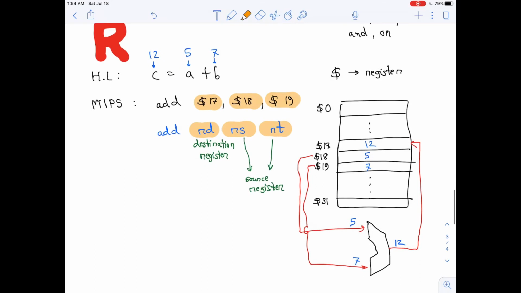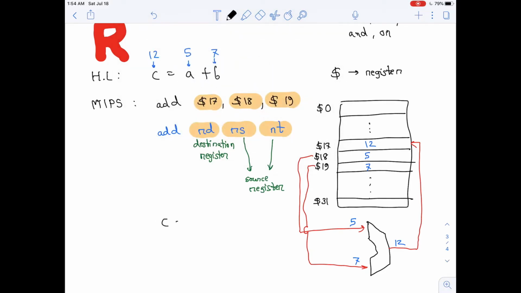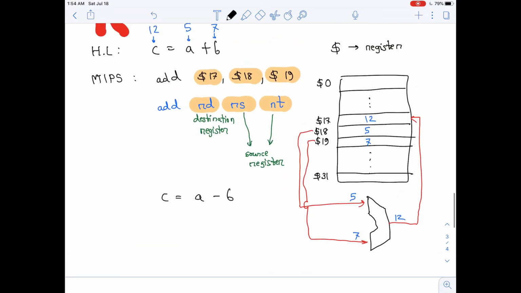Similarly, if I now want to write an instruction like this, suppose C equals A minus B. Well, the translation from this high level programming language to MIPS assembly language would be sub.